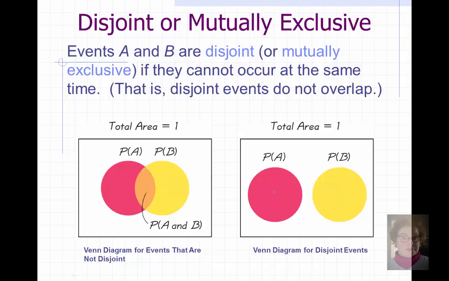But if I'm going to look at what's going to happen when I toss a coin and when I draw a card, they have no outcomes in common, so they will be disjoint. They are totally separate, where if there's an outcome in common, then you have to only count that piece they have in common just once.